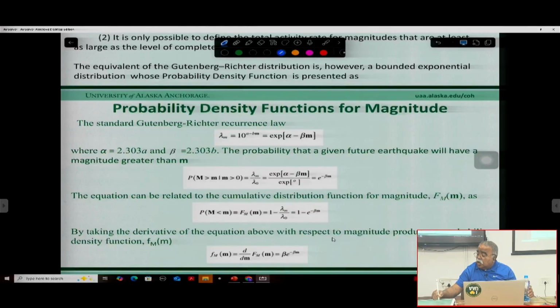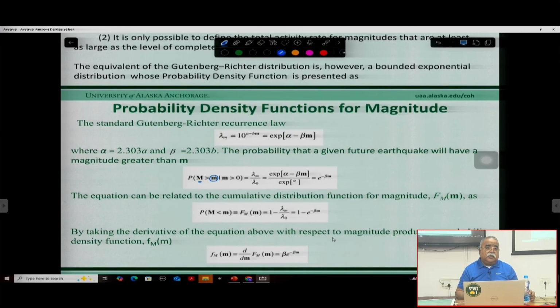Okay. So the condition here is the probability. The probability of the magnitude to exceed a particular value m, where the capital M is any magnitude exceeding a particular value m, with the condition that m is greater than 0, right?